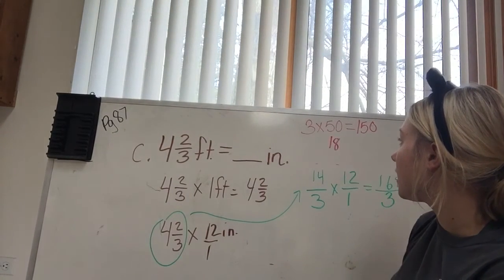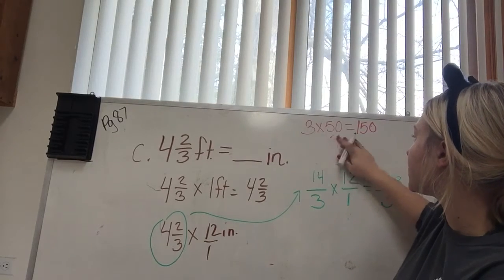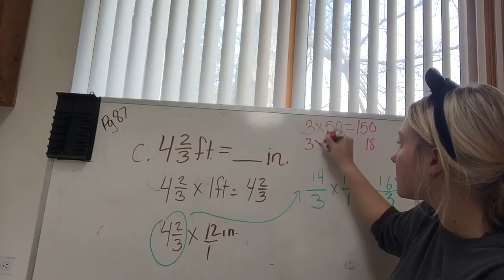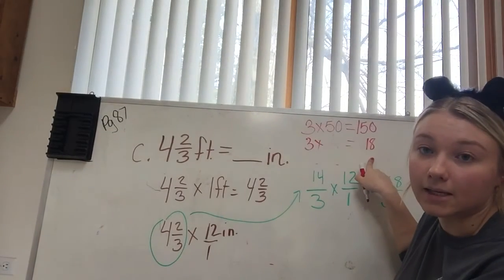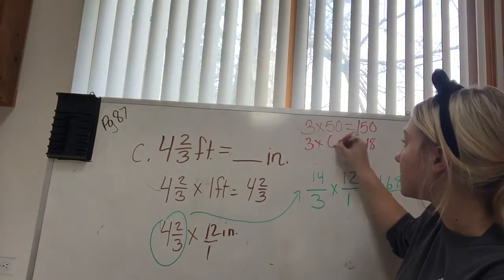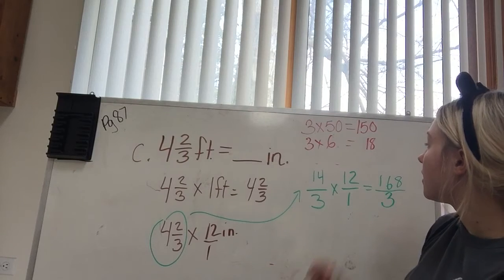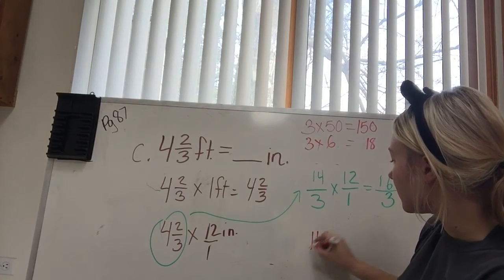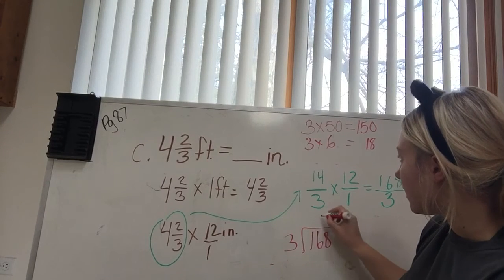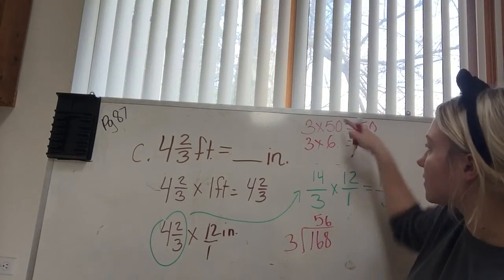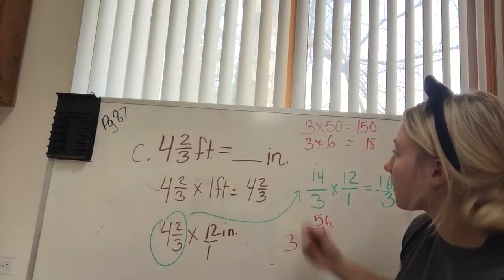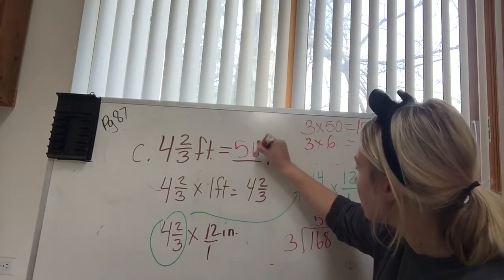So 3 times something needs to get to 18. Well, 3 times 6 is 18. So 168 divided by 3 is 56, putting both of these numbers together. So then just 56 inches right here.